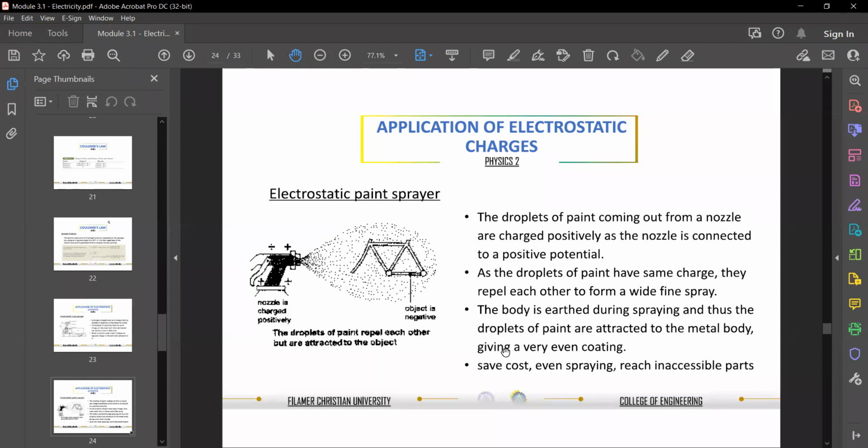The metal is earthed, meaning the body or metal is grounded during spraying, and thus the droplets of paint are attracted to the metal, giving a very even coating. It saves cost, and even spraying reaches inaccessible parts because of the attraction.